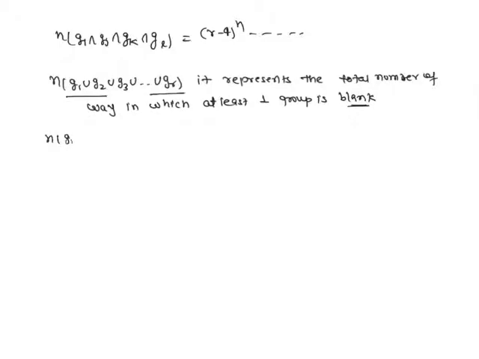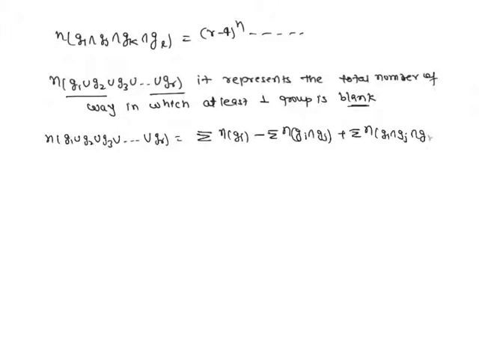According to set theory, n(G1 ∪ G2 ∪ ... ∪ Gr) will be nothing but Σn(Gi) − Σn(Gi ∩ Gj) + Σn(Gi ∩ Gj ∩ Gk) − Σn(Gi ∩ Gj ∩ Gk ∩ Gl) + ... + (−1)^(r−1) n(G1 ∩ G2 ∩ ... ∩ Gr).